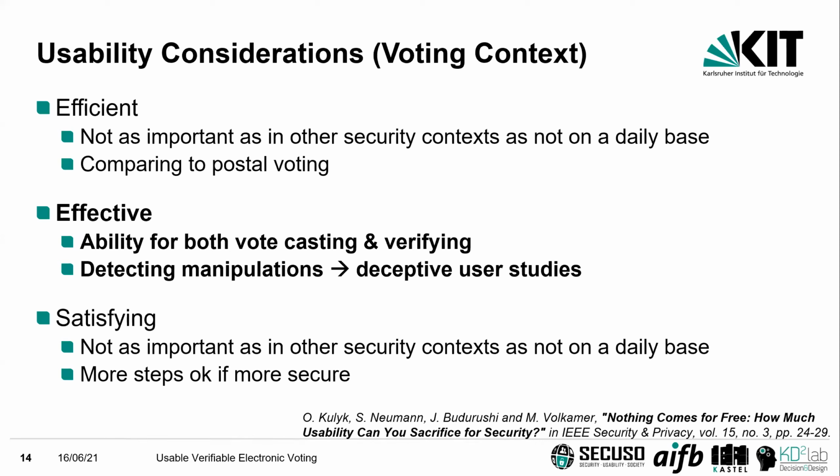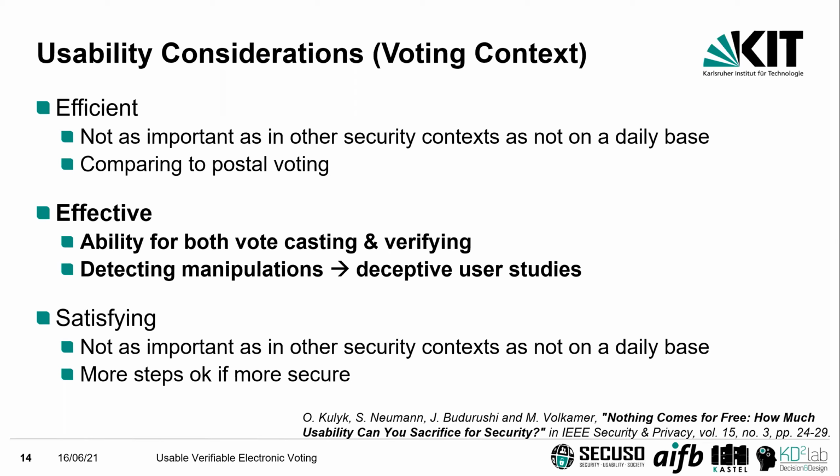Now, the last one is satisfaction. Again, we argue that satisfaction is not as important as in other contexts, for the same reason, first of all, because we don't do it on a daily basis.